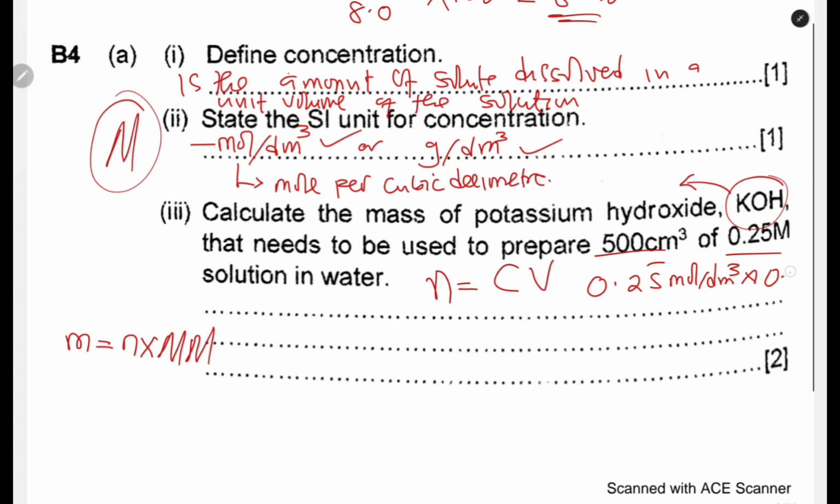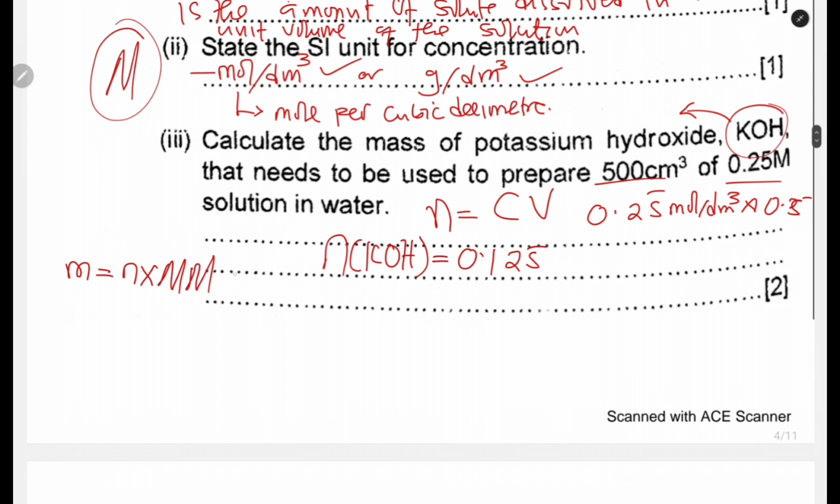So 0.5 multiplied by 0.25, what is it giving us? 0.125. That is what is giving me as the number of moles of potassium hydroxide. Then now we are going to use this number of moles and find the mass.